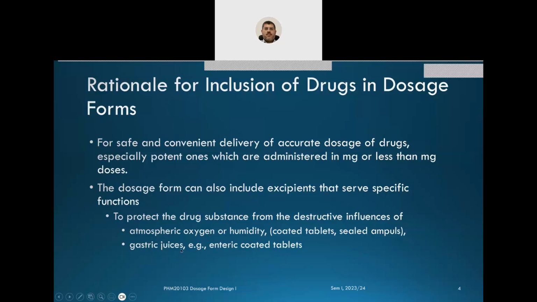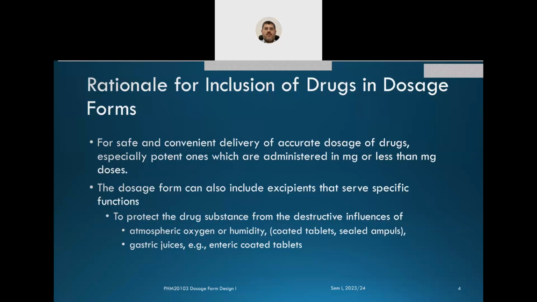that because it is sealed, it will not allow atmospheric oxygen to pass into the solution inside the ampoule. They can also protect drugs from gastric juices. Some drugs may break down, may be destroyed once they reach the acidic environment of the stomach. So you can design enteric coated tablets, since the coat around the tablet is made from a material that will not dissolve in acidic medium. So the tablet will not dissolve once it reaches the stomach.